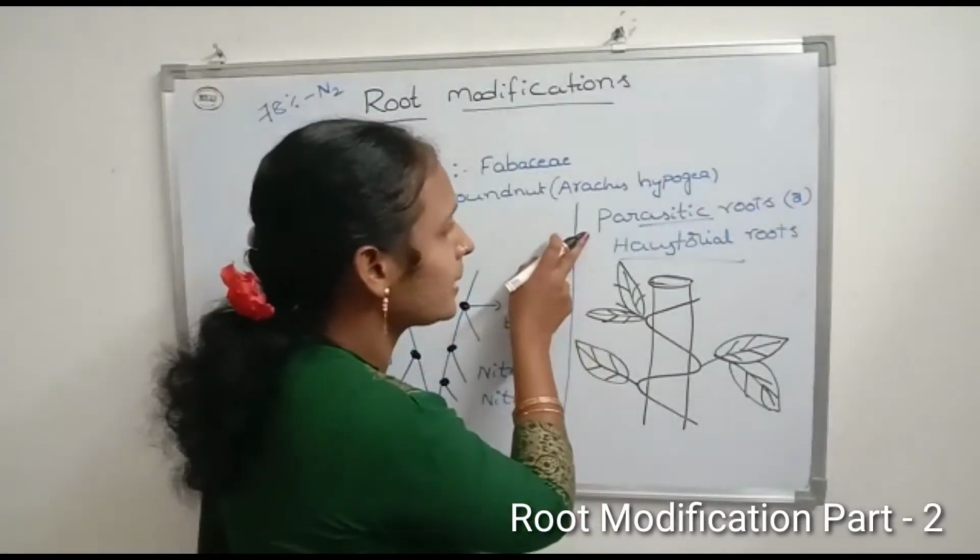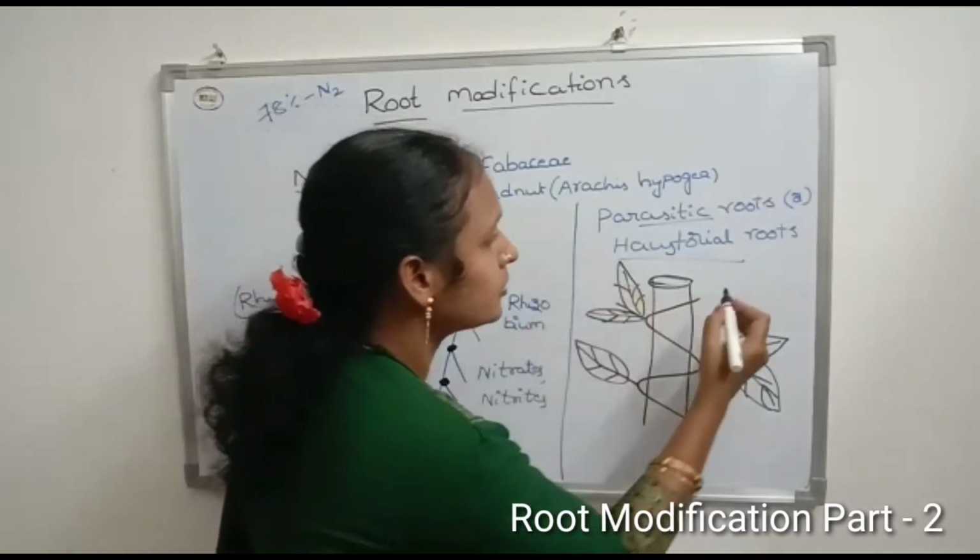So in these parasitic plants, the roots are modified to haustoria.